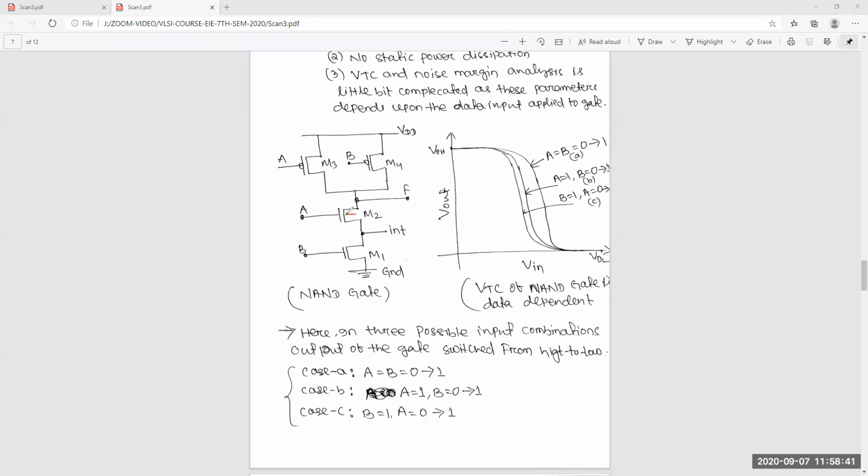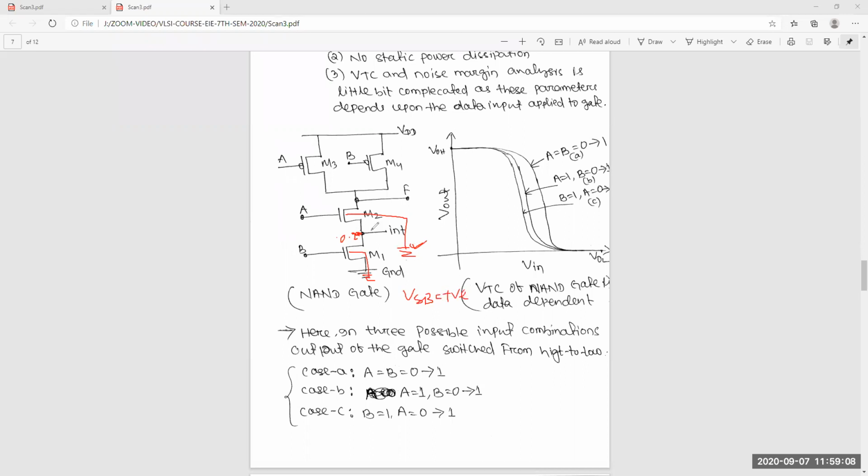Here also this is ground. Though it is ground, due to this VDS, some voltage will be here. It's not exactly ground. Suppose some 0.4 to 0.3, whatever. That means VSB is equal to some positive voltage.